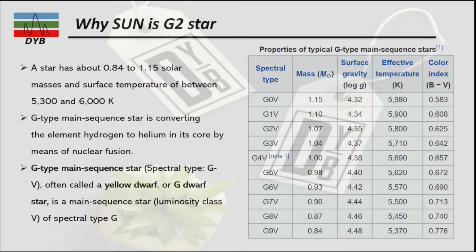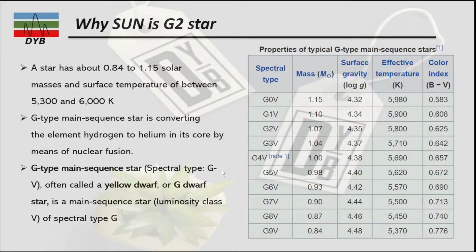So now we look at why the sun is considered a G2 type star. In G, we have multiple categories: G0.5, G1, G2V, G3, and so on.